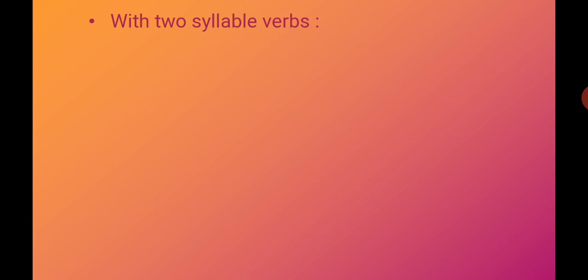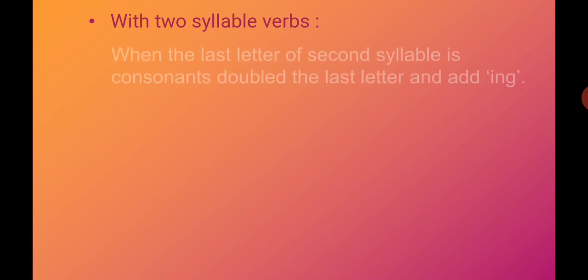Let's see. If the words are made by two other small words, they are called two syllables. Then what can we do? When the last letter of the second syllable is a consonant, then double the last letter and add ing.